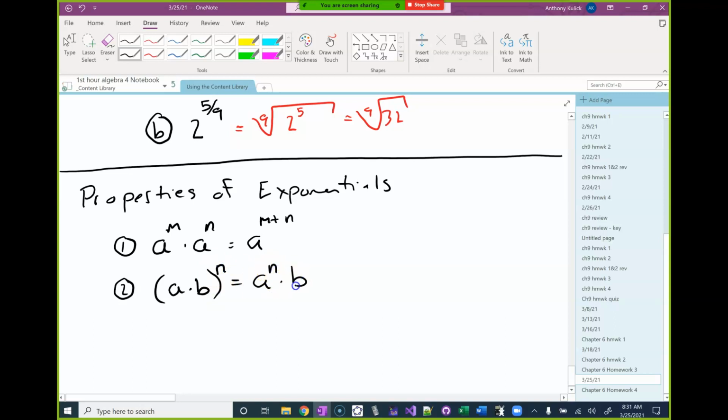Which again, if you think about why that's true, let's say we have 2 times 3 to the second. That's 2 times 3 times 2 times 3. So the 2's get multiplied together and the 3's get multiplied together. I have 2 3's and 2 2's, so I have 2 squared and 3 squared. Right? Just as a trivial little example as to why that's true.